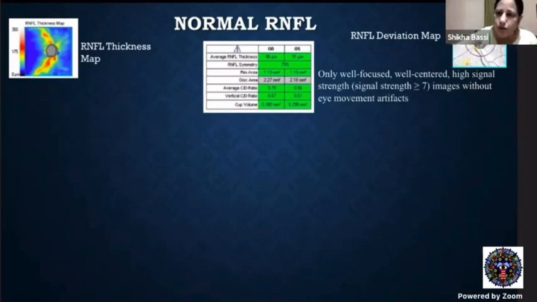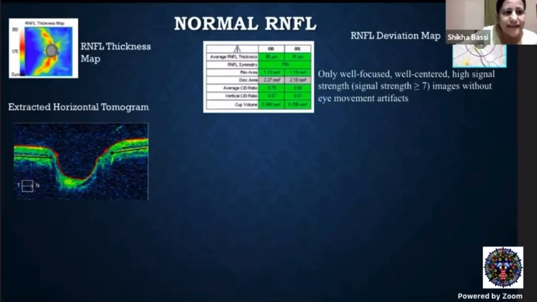And here what you also see is a black outline of the optic disc and the optic disc cup. And this circle is the RNFL calculation circle, which we spoke about, 3.46 millimeter in diameter. This is an end-face image.